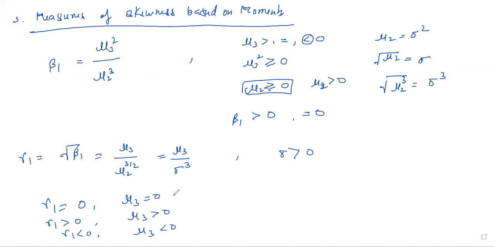So when it is 0, it is symmetric. When it is greater than 0, it is positively skewed data. And when it is negative, it is negatively skewed data. So that is from here.